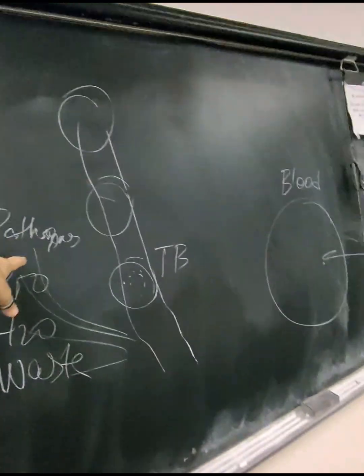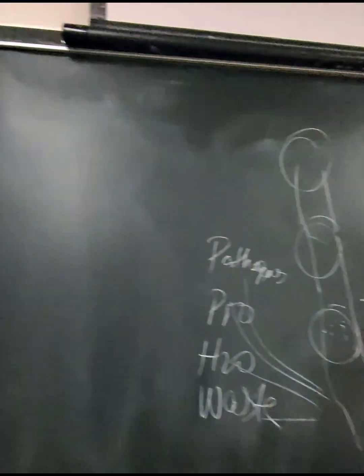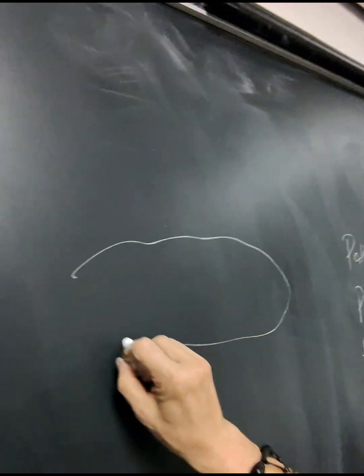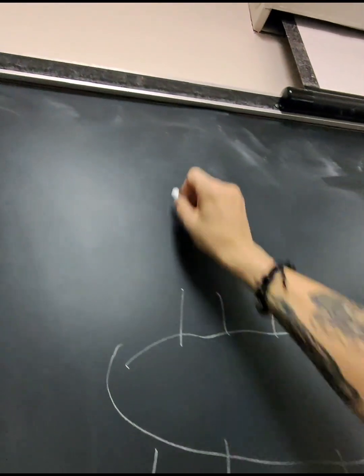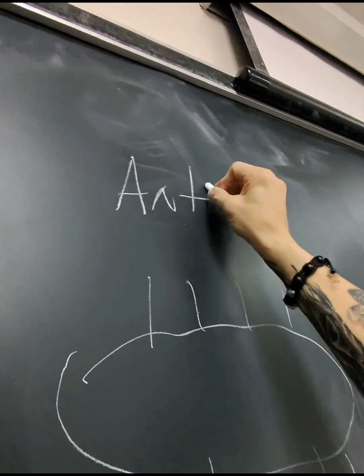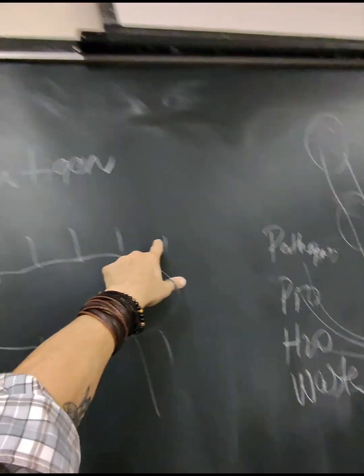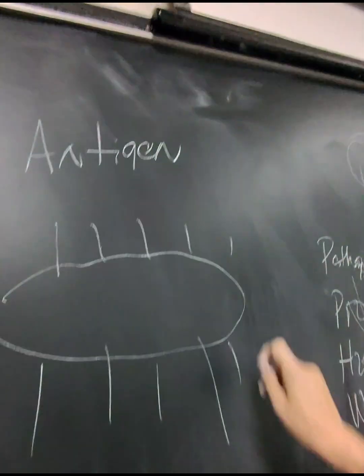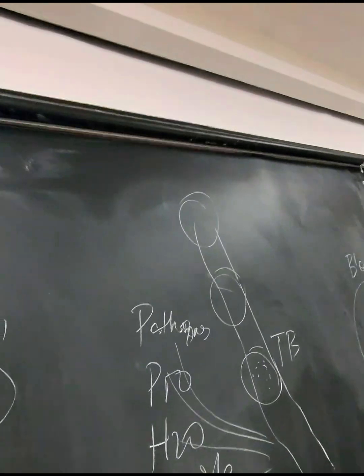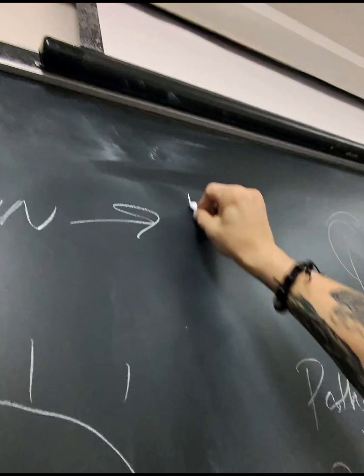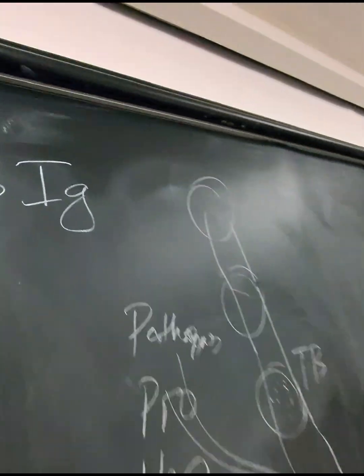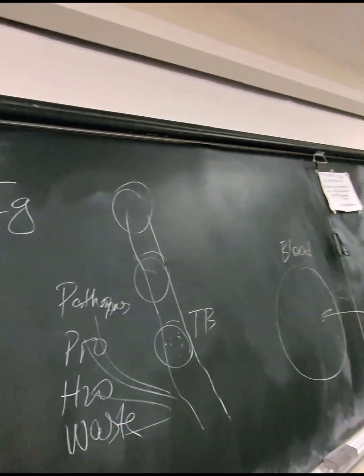So the pathogens, especially pathogens, they have antigens, right? We discussed what the antigen is. But the antigen is the molecule that's sitting on the cell membrane that can stimulate the production of immunoglobulins, of antibodies.